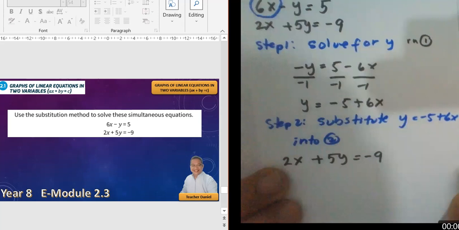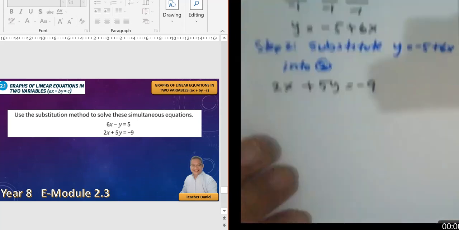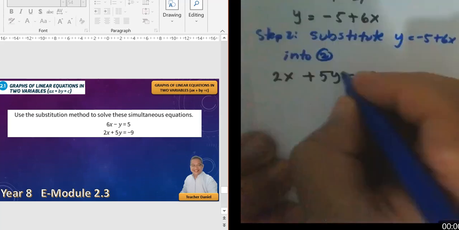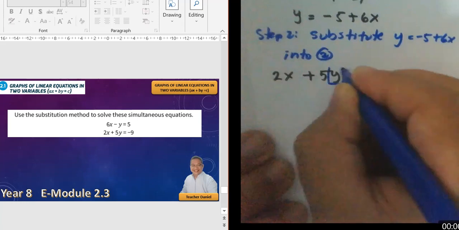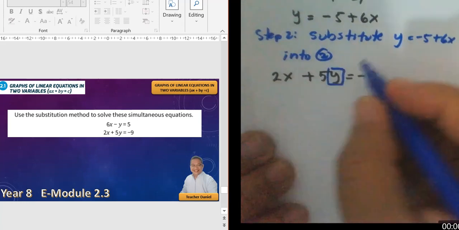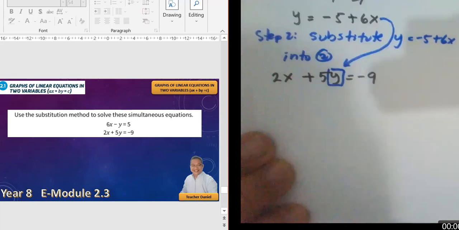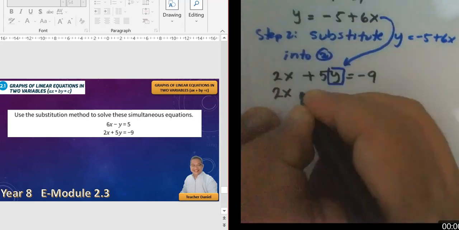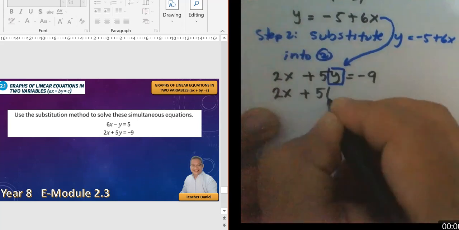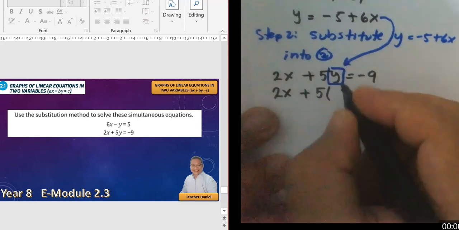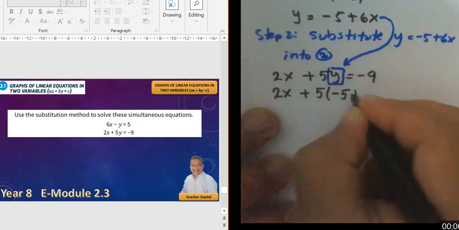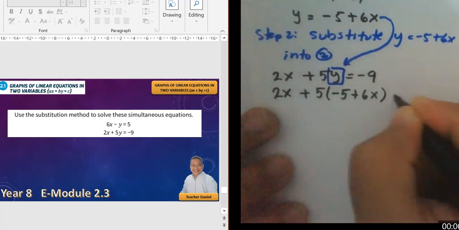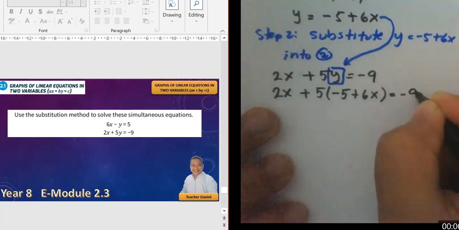Again, I want you to think of the y as an empty box. So in that empty box, you put this one there. So you have the 2x plus 5 times y. So that's -5 plus 6x equals -9.